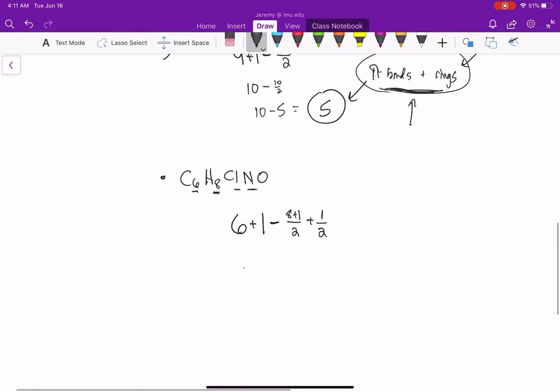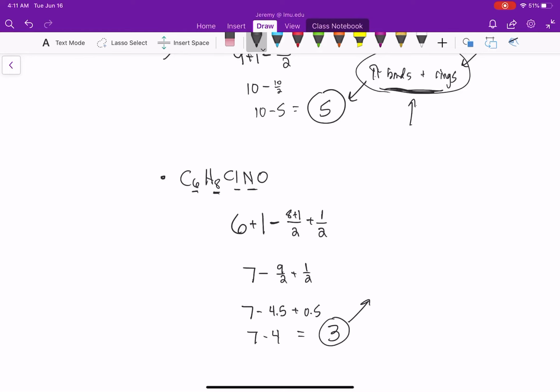So here we have 7 minus 9 over 2 plus 1 over 2. These are not in parentheses, so we have 7 minus 4.5 plus 0.5. That would be 7 minus 4, which is 3. So this molecule has to have 3 pi bonds plus rings.